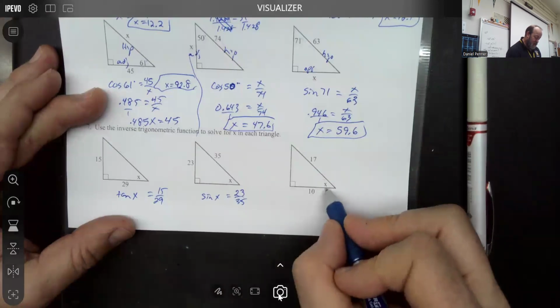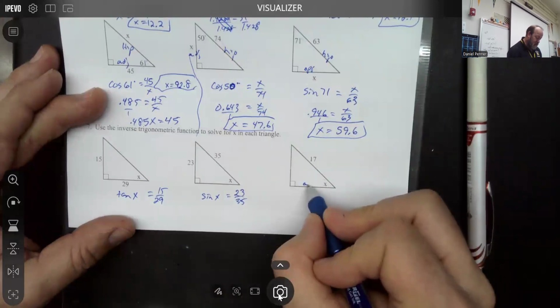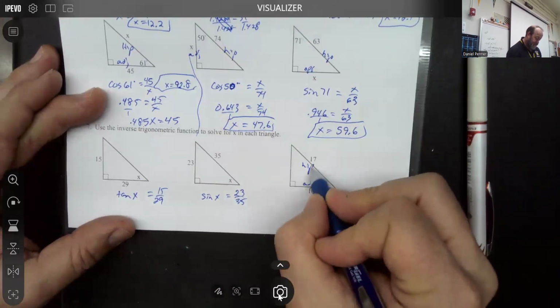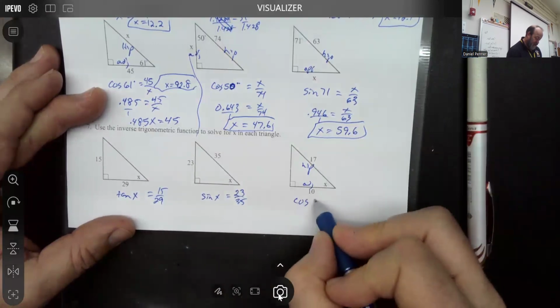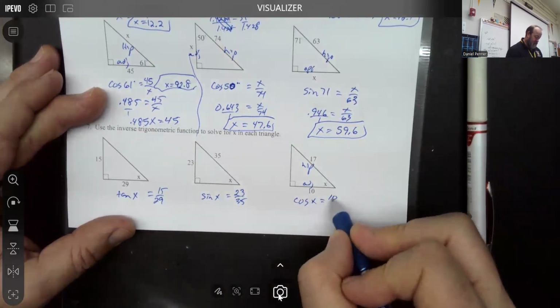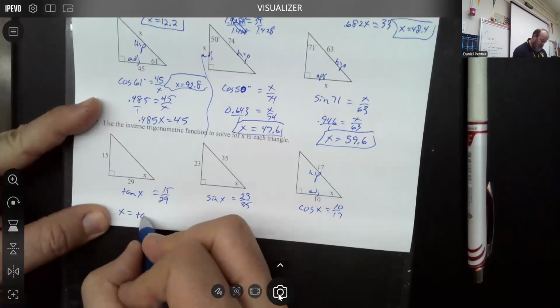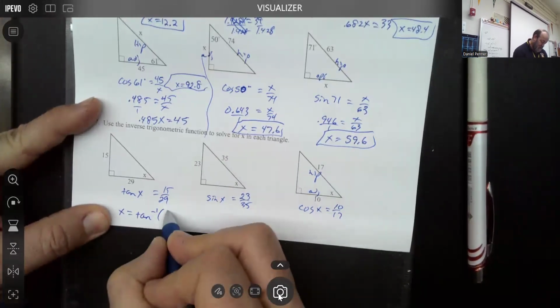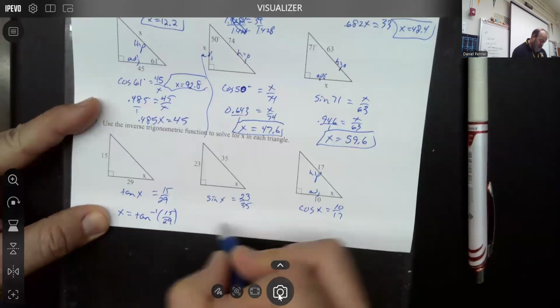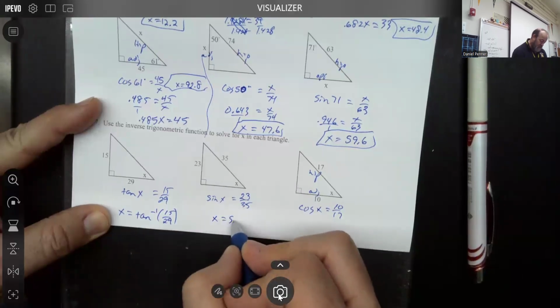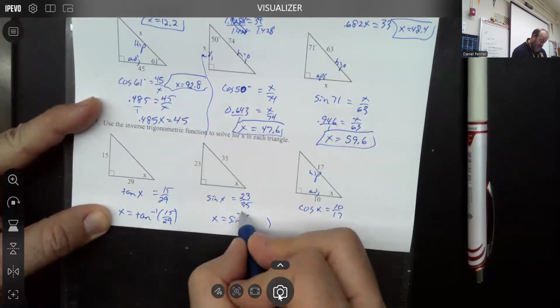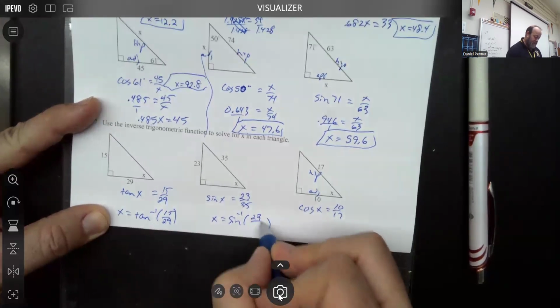This one would be a cosine because this is adjacent and this is hypotenuse. So in our calculator, we need to use the inverse tangent, the inverse sine, and the inverse cosine.